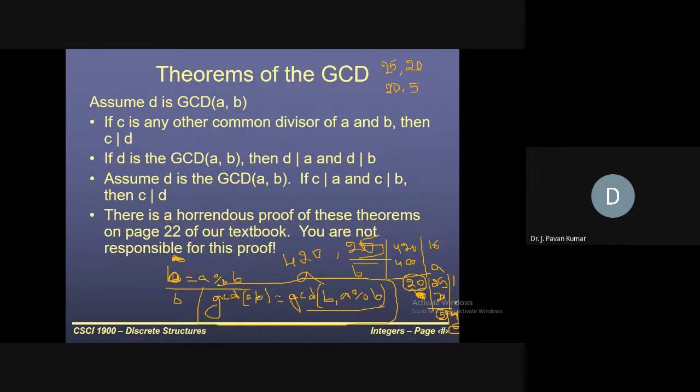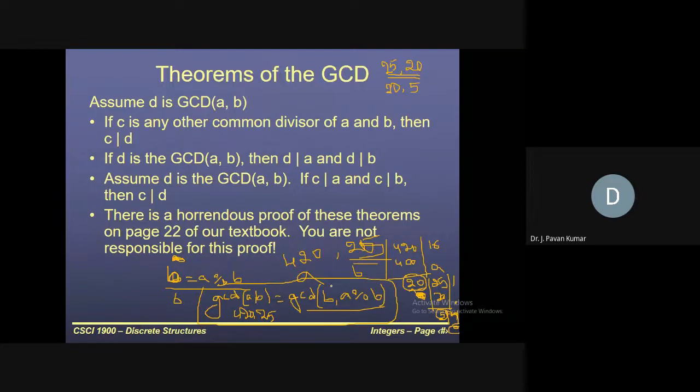GCD of a comma b, that is GCD of 420 comma 25, is equivalent to GCD of 25 comma 20. Let me substitute 420 and 25 here, then you will understand. What is 25?